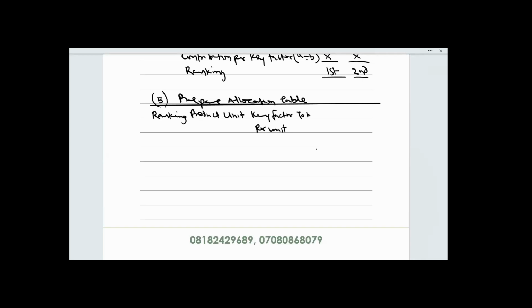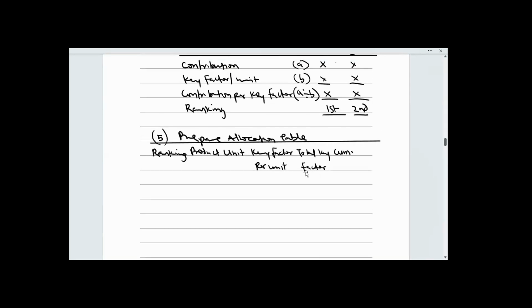We have total key factor. Then we have cumulative total key factor; because of space, I have to shorten it. Then we have balance. Then we have optimal product mix. 1, 2, 3, 4, 5, 6, 7, 8. So these are the 8 columns that you are supposed to create whenever you want to prepare your allocation table.